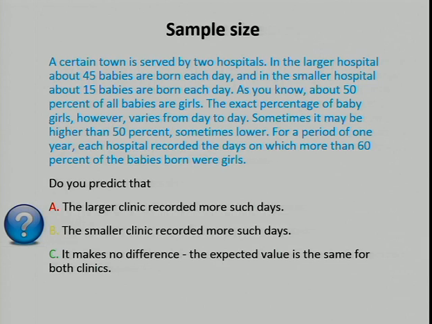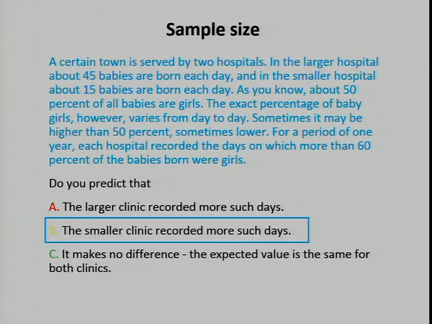How many think it's B? How many think it's C? Okay, a lot of people are undecided, but roughly equal amounts think either the smaller clinic has more such days or it doesn't matter and it's going to be equal for both. The right answer is actually this one.